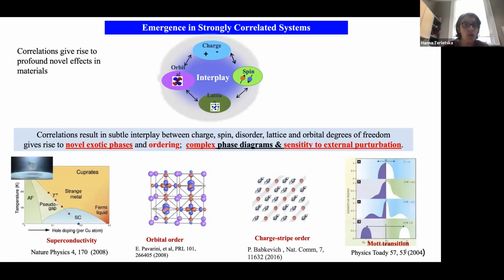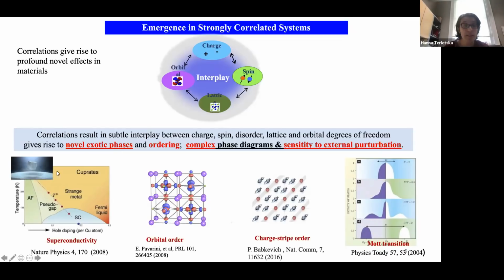Okay, so what are the correlation effects in strongly correlated electron systems? When we have correlations, they can lead to a subtle interplay between different degrees of freedom. This includes charge, orbital, spin, and lattice degrees of freedom, and that in turn can give rise to very exotic states of matter.